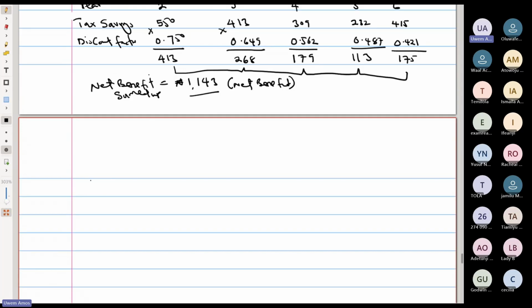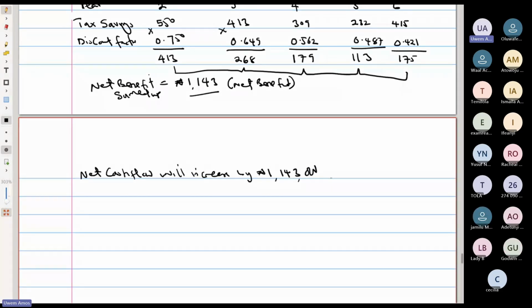We can say that our net cash flow will increase by 1,143,000, because we're taking off 3 zeros in the calculation, if tax allowable depreciation is considered. Okay, so that's it, guys.